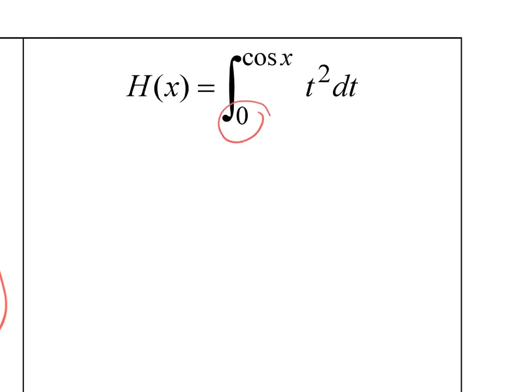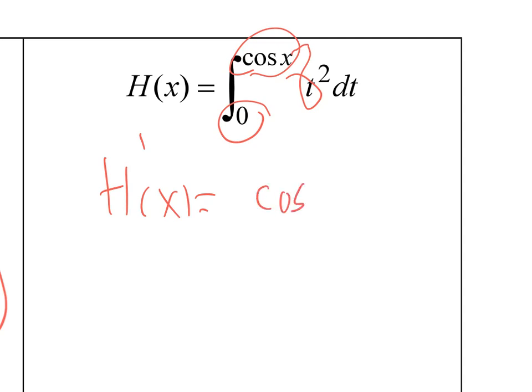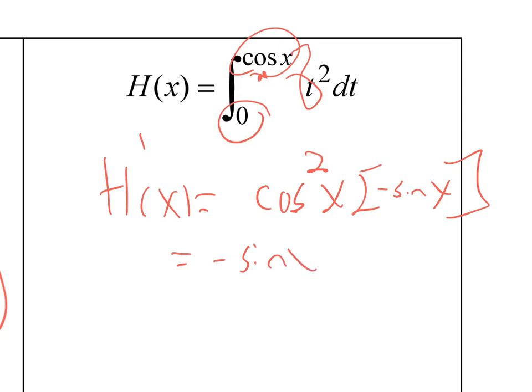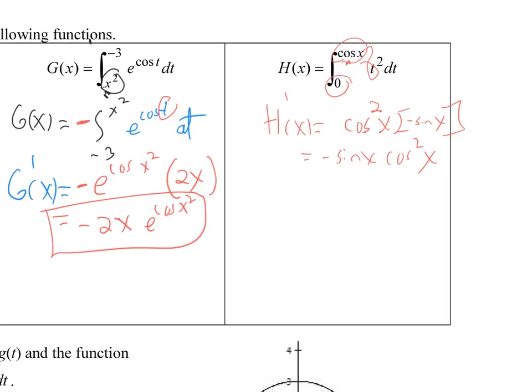Okay, constants at the bottom, that's fine. H prime of x, all of cosine goes in place of t. Cosine of x all squared times the derivative of the upper limit function, negative sine of x. Doesn't really matter how you write it. Sine of x, cosine squared of x. Wow, fun.